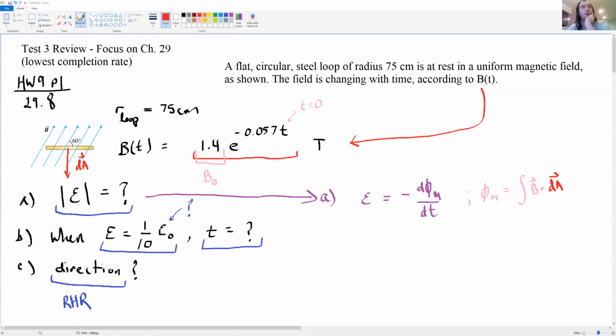It certainly wouldn't be zero. There would be no cancellation. You could still do the dot product. David says he only put it straight up because it would make the smallest possible angle with B.